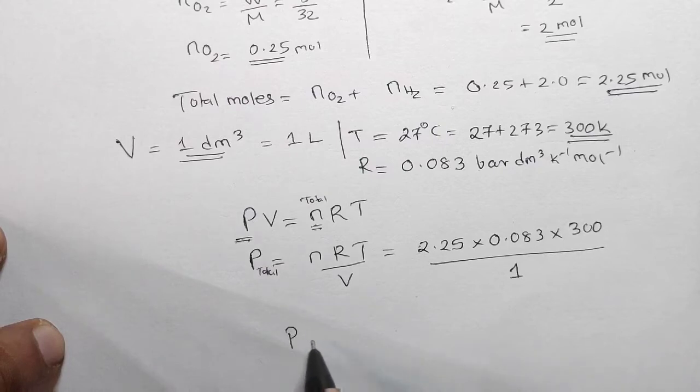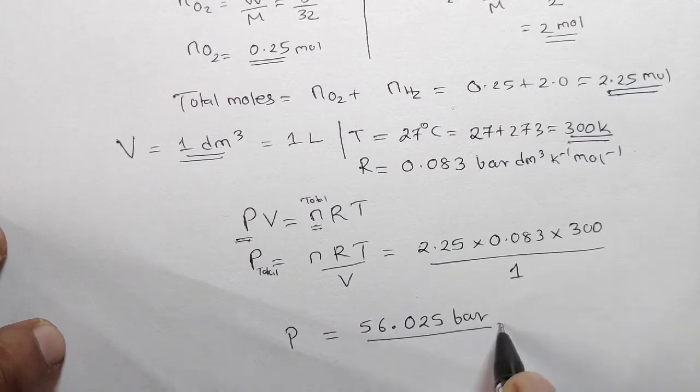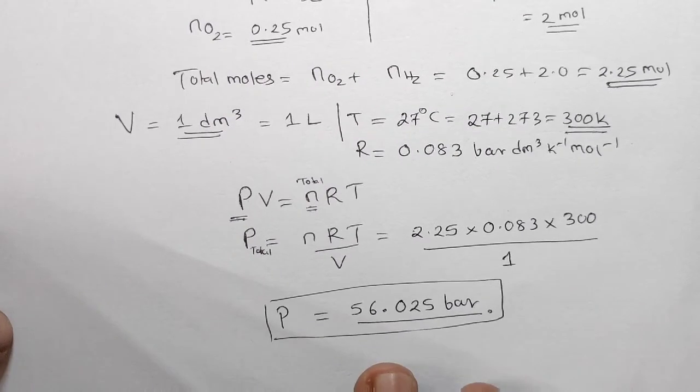If you calculate, you will get pressure equal to 56.025 bar. Clear? So this is the total pressure we got for this numerical.